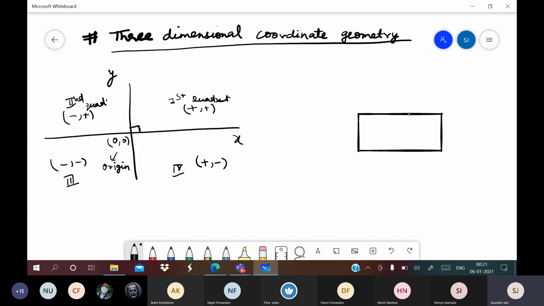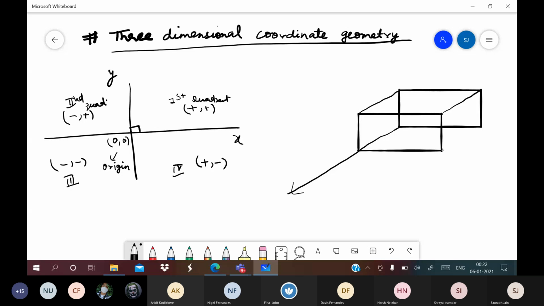First, let me make a diagram. So try to understand this diagram.